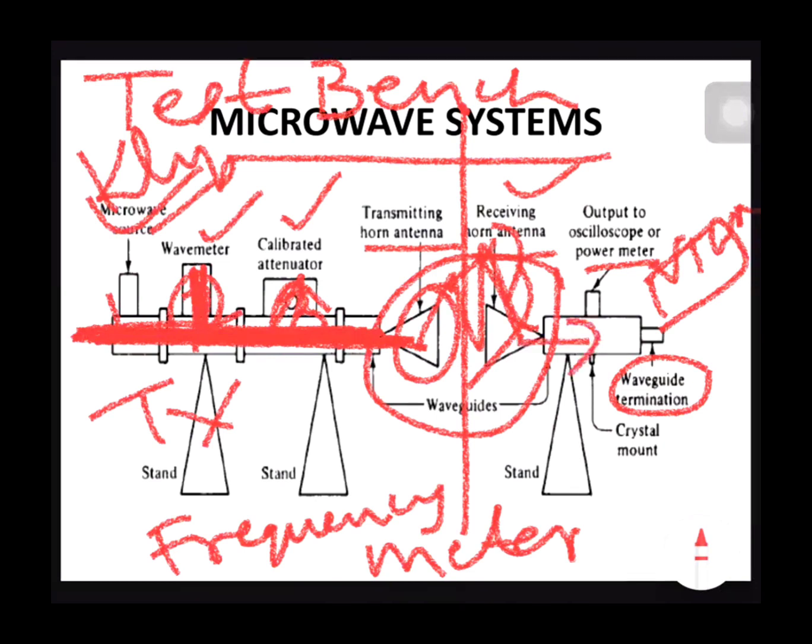The output of the horn antenna is connected to the power meter and also the oscilloscope in dual connection. The output is always terminated by means of a waveguide terminator, because if you don't terminate the power at the output terminal, then the power gets radiated into free space. That is the reason why we should terminate the microwave system at the receiver end.